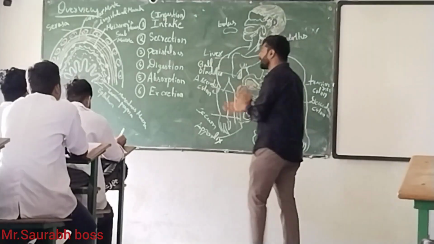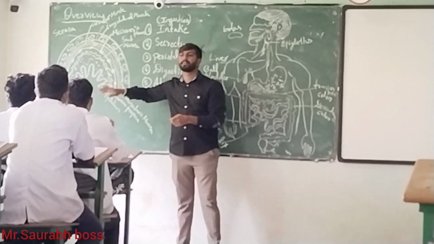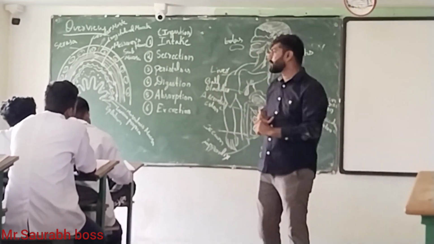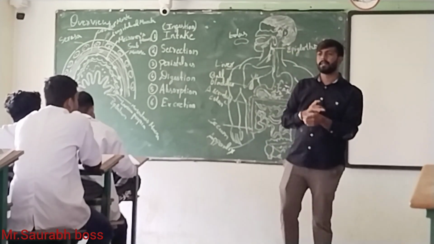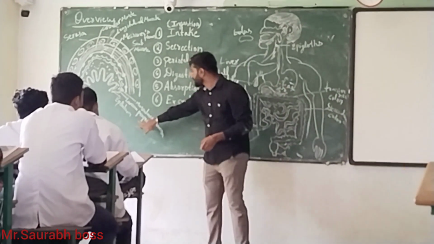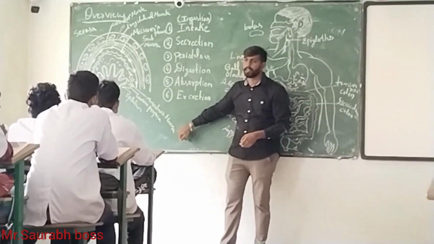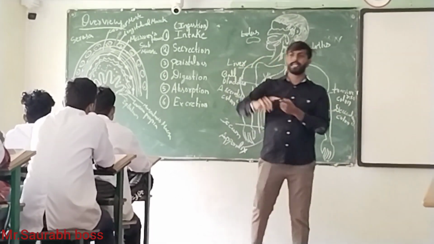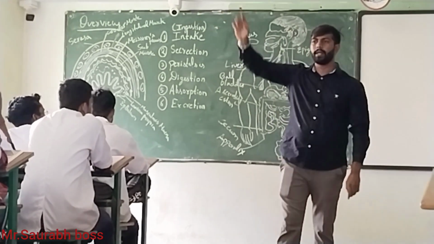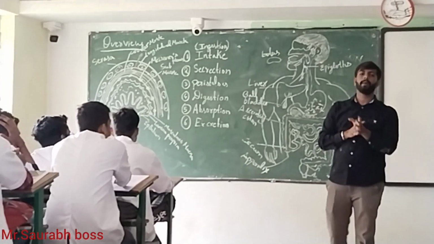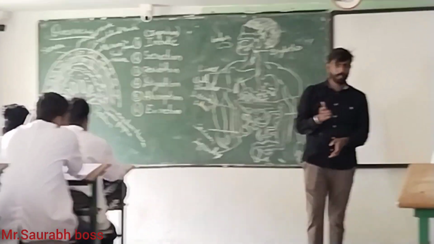Okay. So within this mucosa, there are further 3 types. What do we call that? Epithelium, lamina propria, then muscularis mucosa. So say with me, the mucosa is divided into 3 types: one is epithelium, another is lamina propria, another is muscularis mucosa.